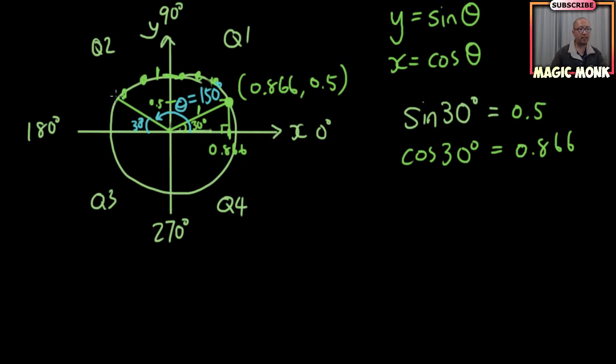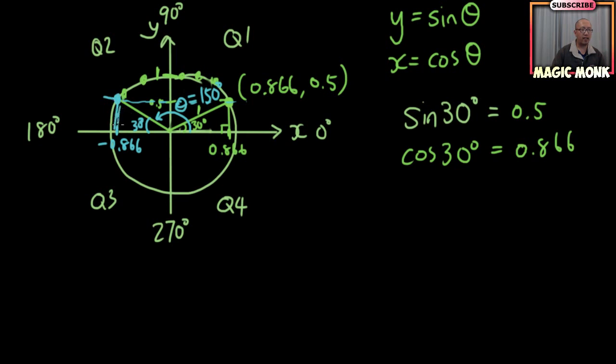Now, since this shape is a circle and the left hand side is symmetrical to the right hand side, the coordinates of this point will have the same y value of 0.5, but it will have an x value of negative 0.866.